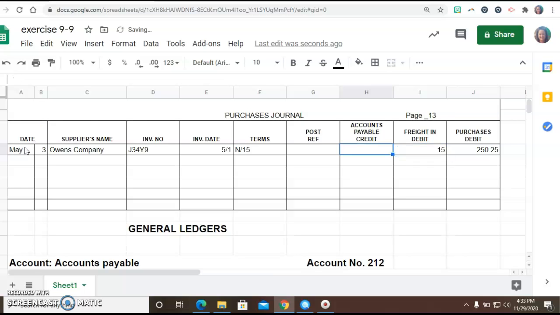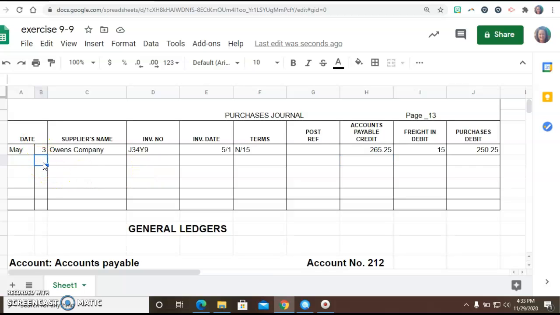Now we need to add the amount of our purchase plus our freight in order to get how much we owe Owens Company. If we add those two together, we get $265.25. So if we are taking on the freight and it's added to the invoice, we take our purchases plus our freight to figure out how much we owe the company.